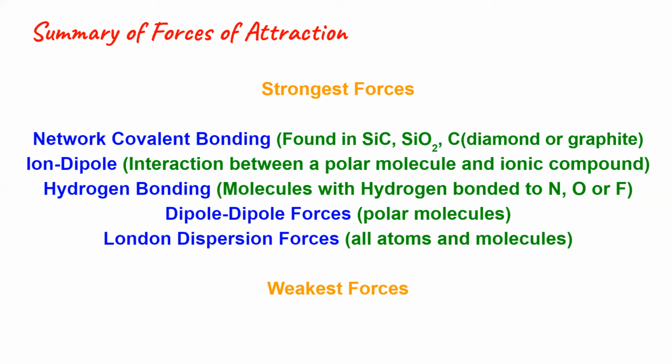So that's molecules that have hydrogen bonded to either N, O, or F. Then we go to a traditional polar molecule, and we have dipole-dipole forces. And then finally, the weakest forms of attraction, which are present in almost all atoms and molecules, are called London dispersion forces. And remember that those get stronger as we get larger atoms and molecules.